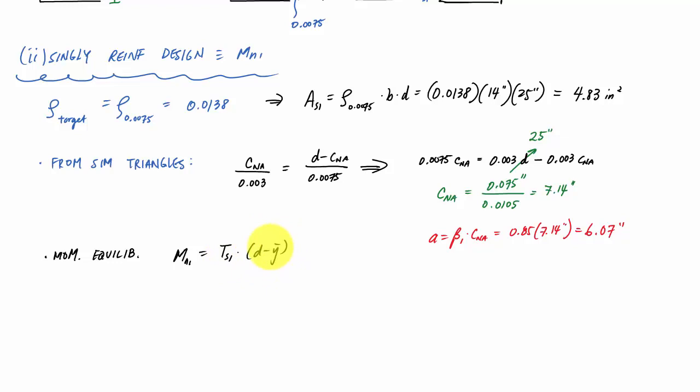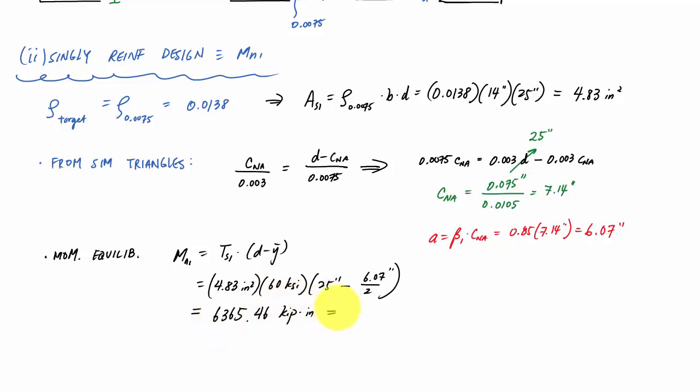I have a rectangular stress block, so this would be As1, which is 4.83 inches squared, times Fy 60 ksi times d 25 inches minus 6.07 divided by 2 inches. And that is Mn1 is 6,365.46 kip inches, and divided by 12, 530.45 kip feet.